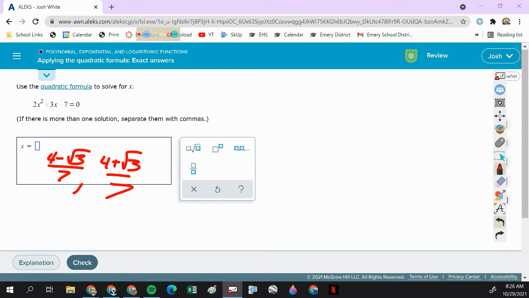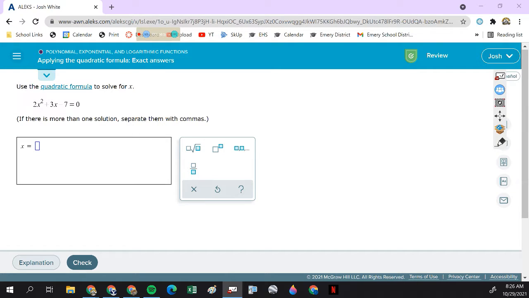And when it says exact answers, it means don't give the decimals. So you're just going to write out the fraction like that. Because if we plug it in our calculator, we're going to get a decimal that goes on forever. There's no way to write all the decimals down. So every decimal that you write down is an approximation.